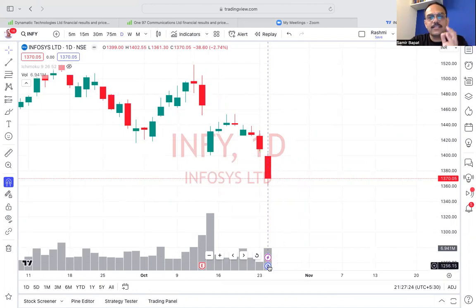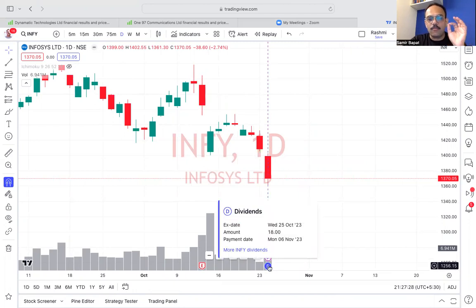What will happen is in the board meeting, they will say, okay, we will give a dividend. How much is the dividend? The dividend is 18 rupees. Who will get the dividend? The people in the register, whoever is holding Infosys shares in their demat account on 25th October.